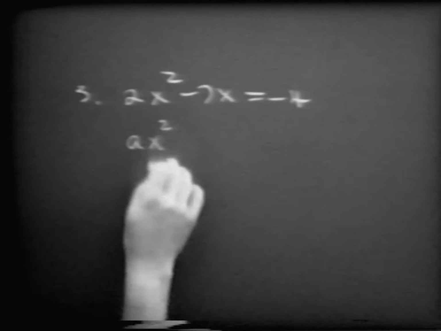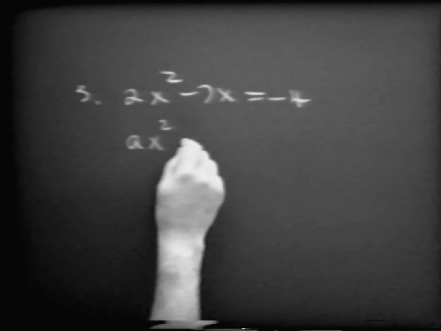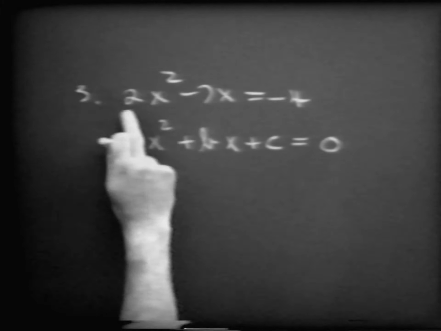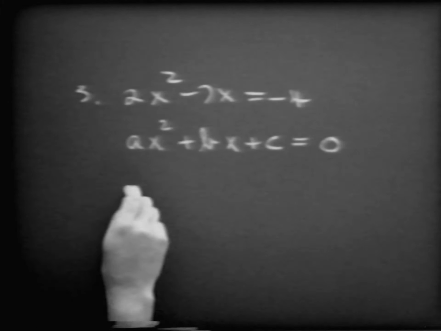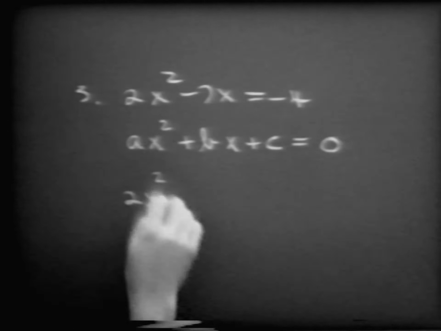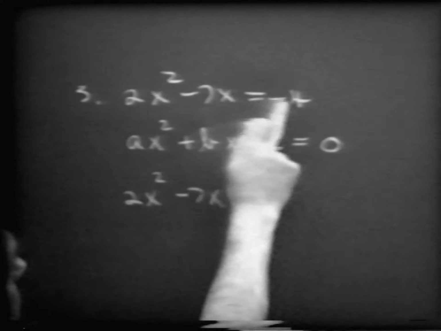Now the general case, as we know, is what? Ax squared plus bx plus c is equal to 0. Now notice on the right hand side it's equal to 0. So let's then look at this specific case and write it in the pattern of the general case, which is what? 2x squared minus 7x. And now what then are we going to do to the number?